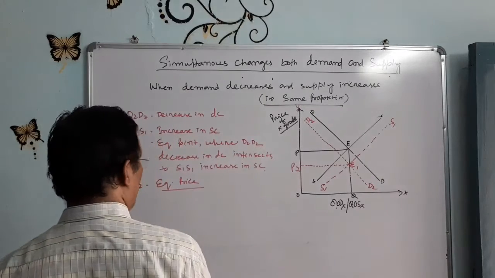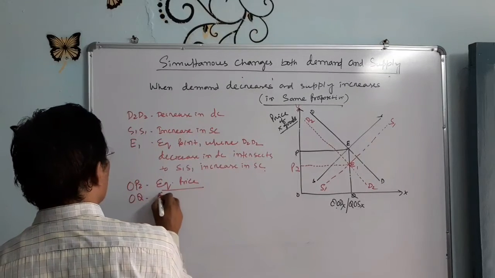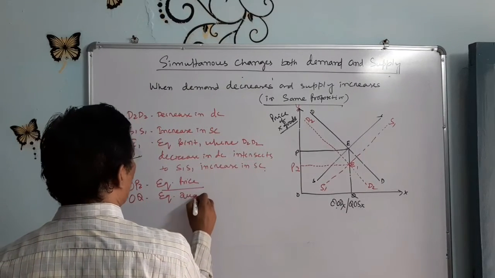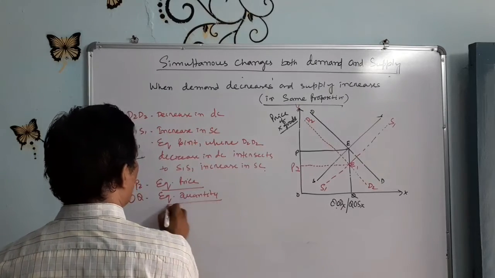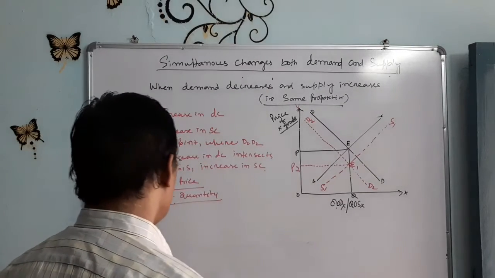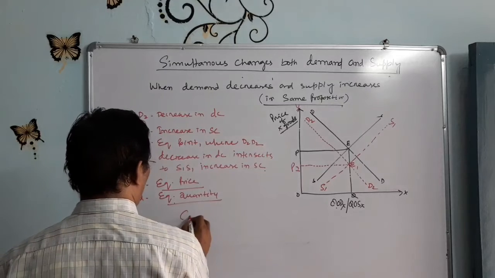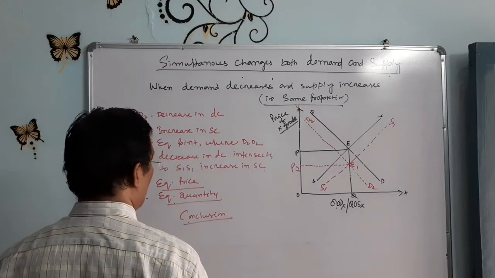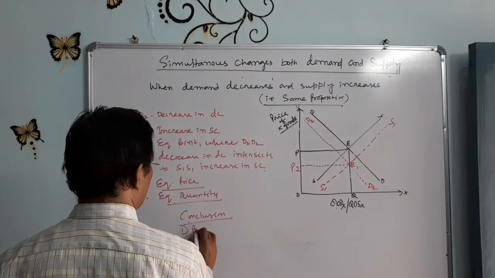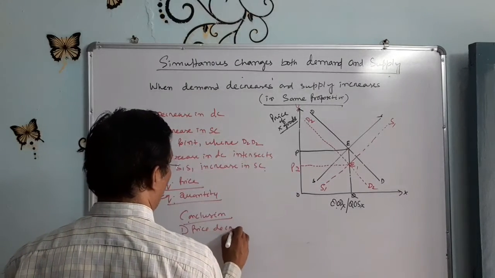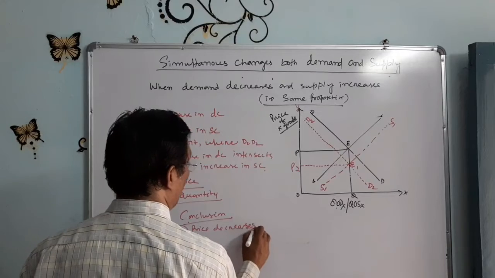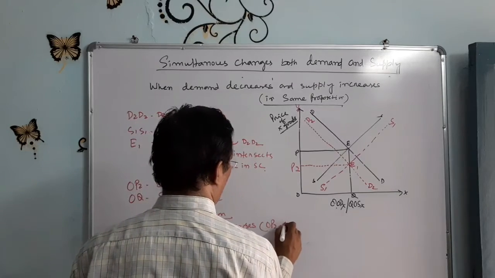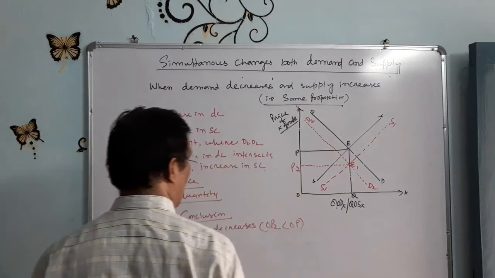And what is the equilibrium quantity? OQ is the equilibrium quantity. So what is the conclusion now? Conclusion or effect. Number 1, price decreases, that is, OP2 is less than OP.